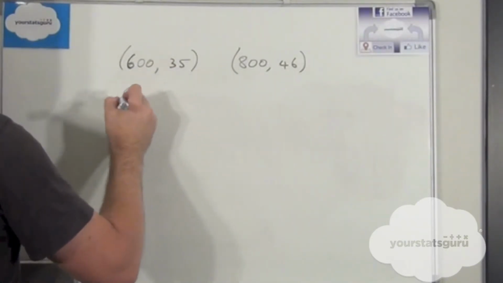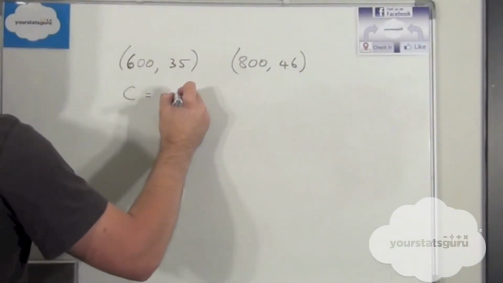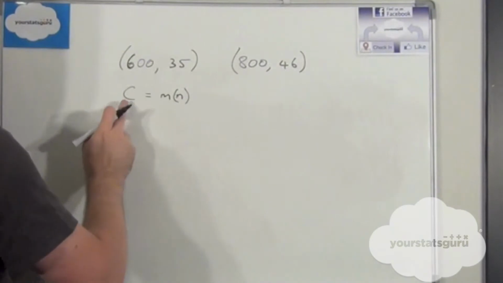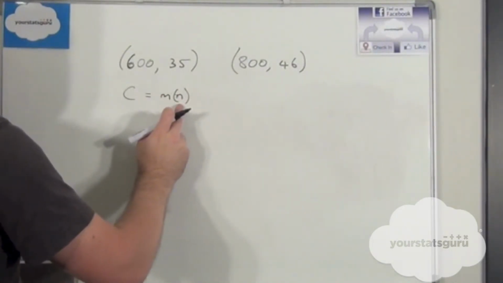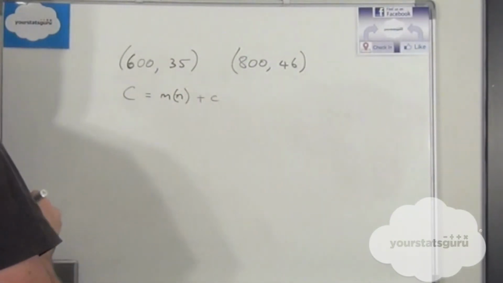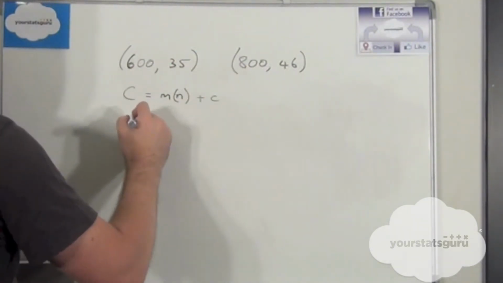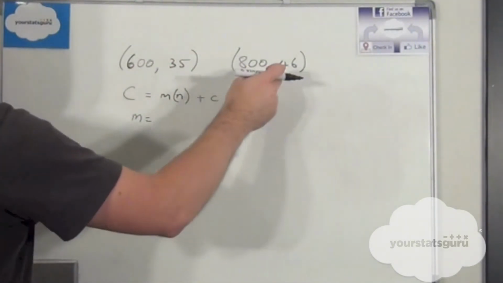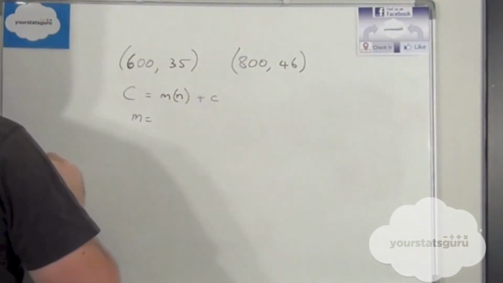asked to find a linear model C which gives us the charge in terms of N, the number of sheets. So, we know these points. We can find m as y2 minus y1 over x2 minus x1.